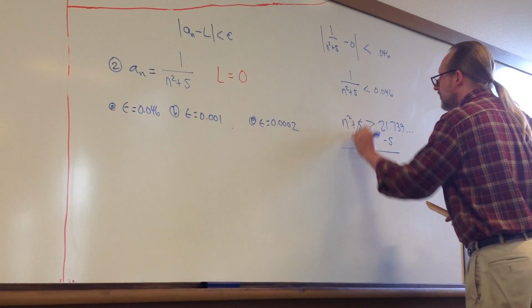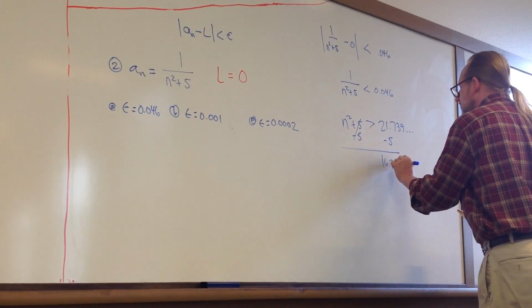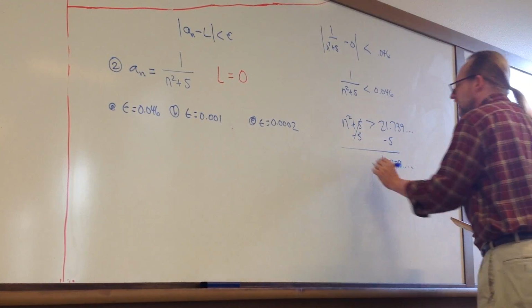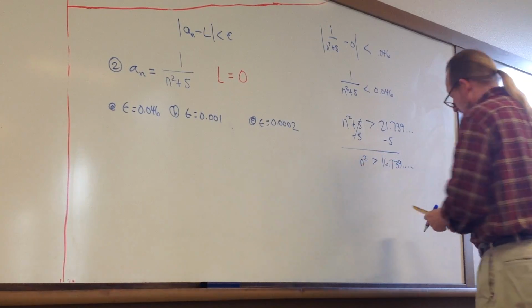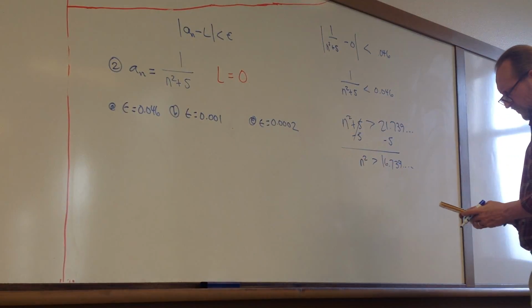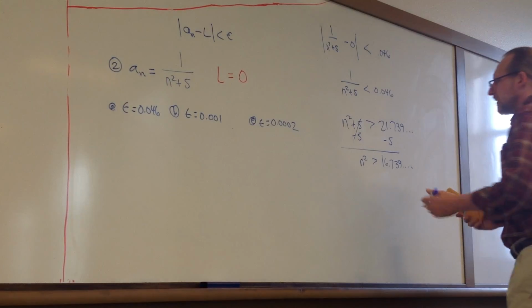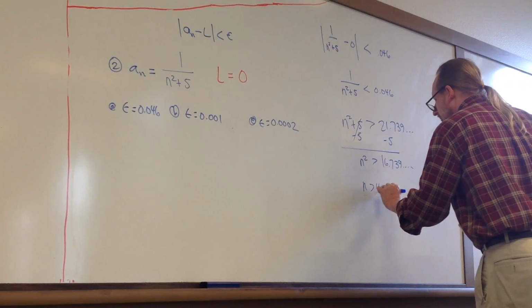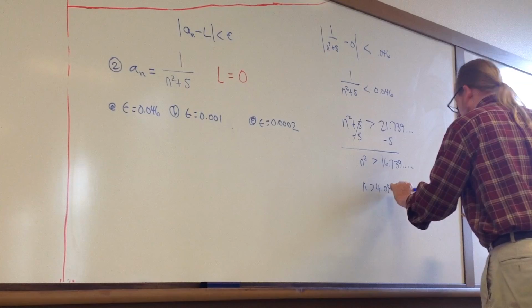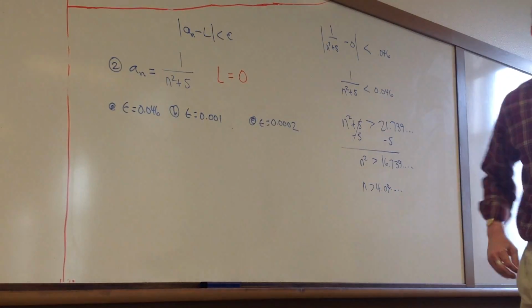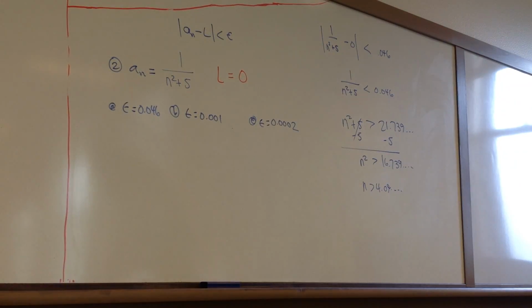Subtract 5 on both sides. 16.739. And then take the square root. And that's going to be 4.09 and so on. So that just says n greater than 4 or n greater than or equal to 5.